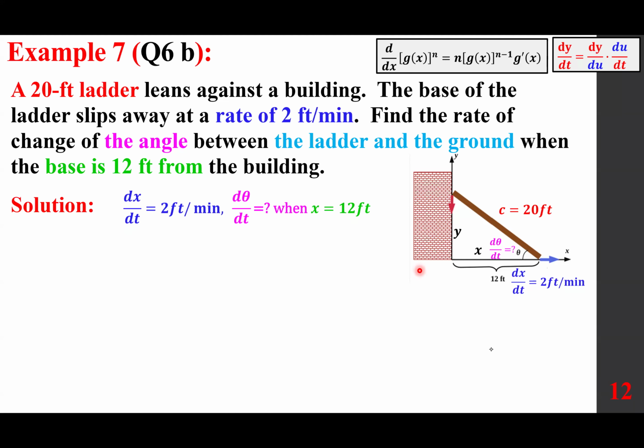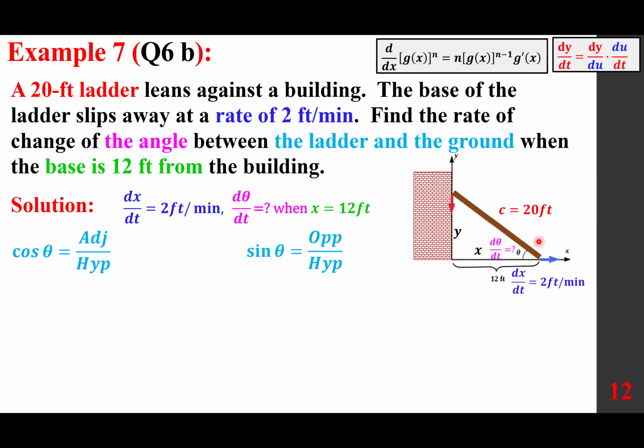We happen to know y from the previous one, but in any event, we are interested in d theta dt, so we have to find the relationship between theta and x and y. Notice, if you look at this angle theta, cosine is the adjacent over the hypotenuse, whereas sine is the opposite over the hypotenuse.